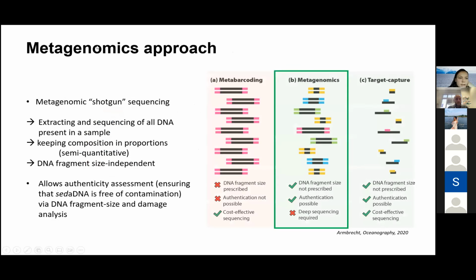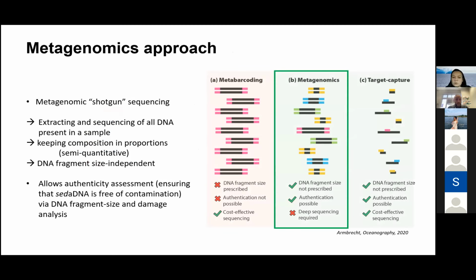So like I said, what we chose here to do was shotgun sequencing, just because we wanted to get the first broadest overview of what's in these samples to start with. It's very useful to do this kind of approach if we want to look at pretty much everything that's found in the DNA sample.